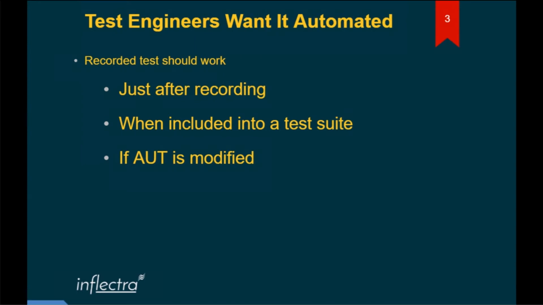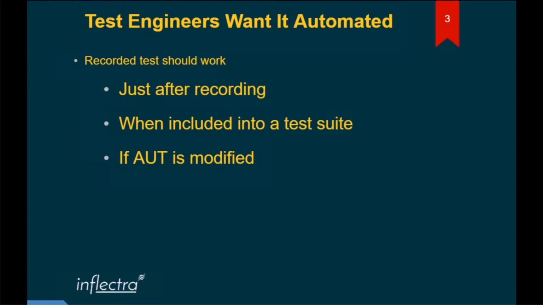As I said, recorded tests should just work. Everybody has wanted that for years, and in some cases it really works. But there are still a lot of cases when the recorded test just fails at the first step, or maybe the second step. We want the test to work after recording. Also, we want the test to work when it is included in a test suite.